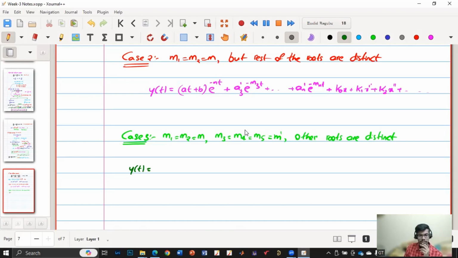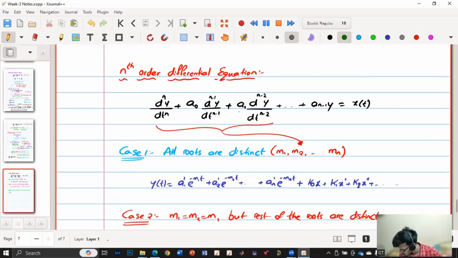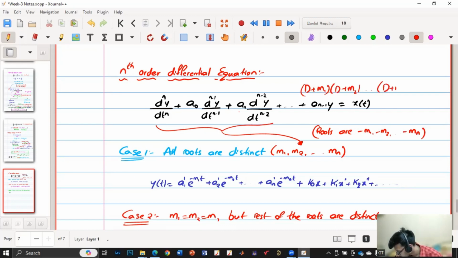Anyone? Actually, the factors are something like d plus m1, d plus m2.